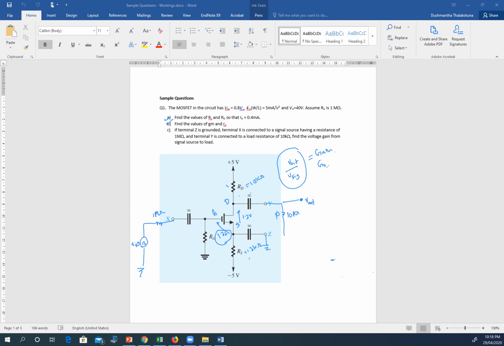Now what you need to remember when we do this: all the DC voltages get connected to the ground, and capacitors get shorted.